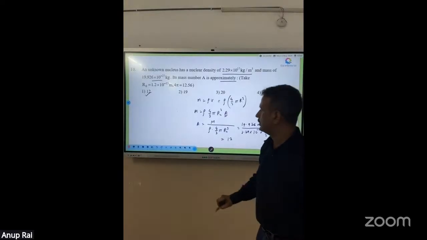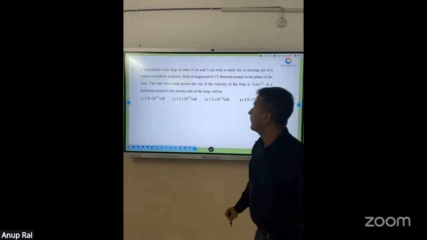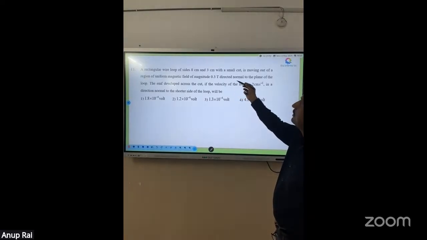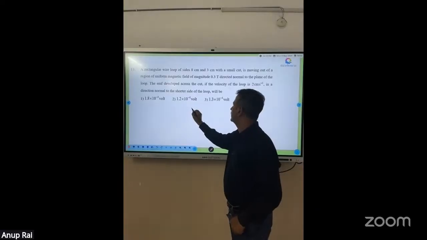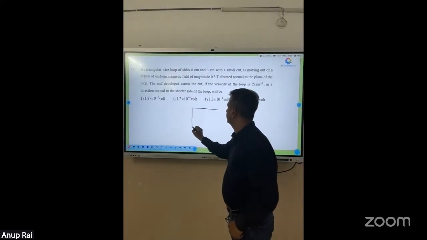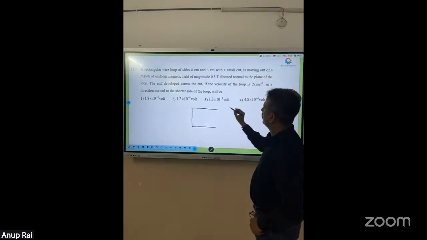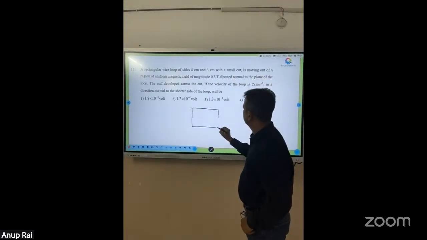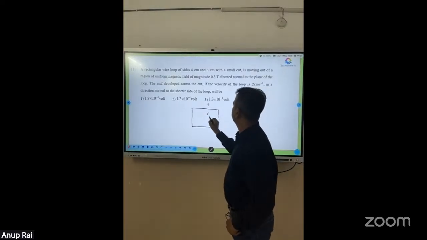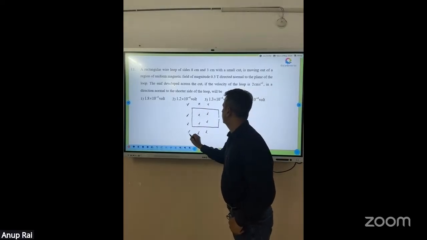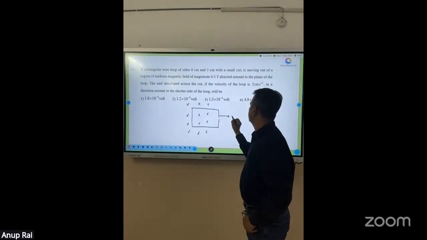Let's go for the next question. A rectangular wire loop of sides 8 centimeter and 3 centimeter, with a small cut, is moving out. Let's say the magnetic field is perpendicular like this, and the loop is taken out with velocity v.